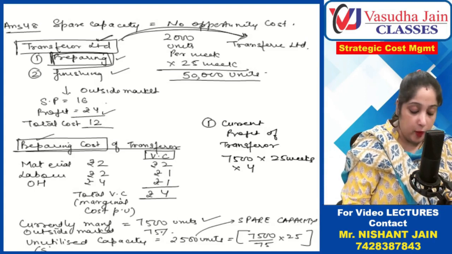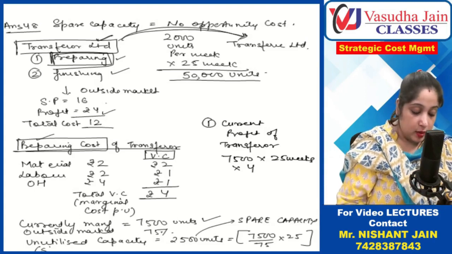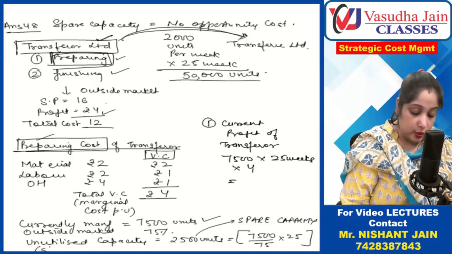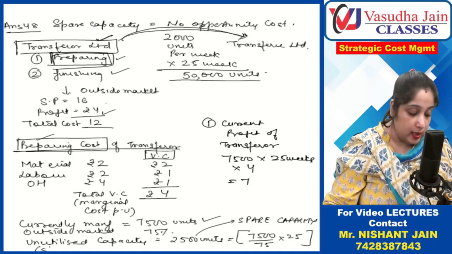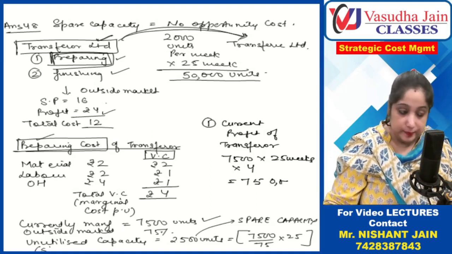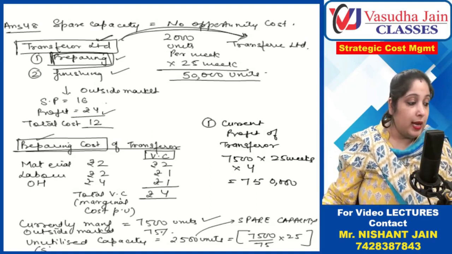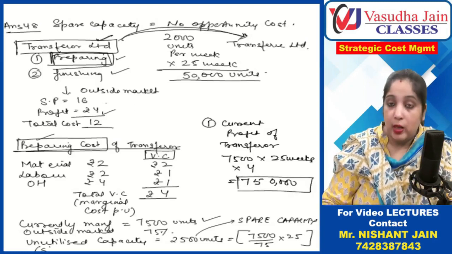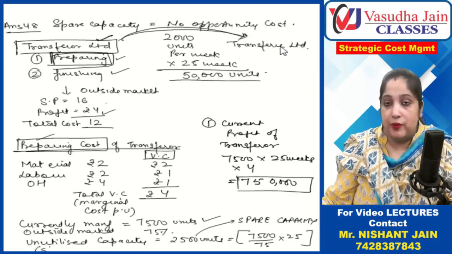So currently the profit is 7,500 into 25 into 4. So currently the profit is 7,50,000. That profit will not be affected because you are not making any money from the Transferee Limited.